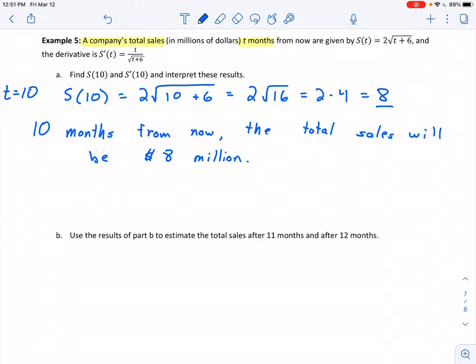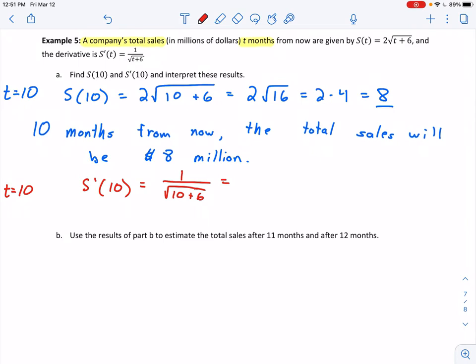Now, if I want to look at s prime of 10, this is asking me to do something different. I'm still going to be using t equals 10 here, but this time I'm plugging it into my derivative. So s prime of 10 is equal to 1 over square root of 10 plus 6, and I just want to evaluate this.